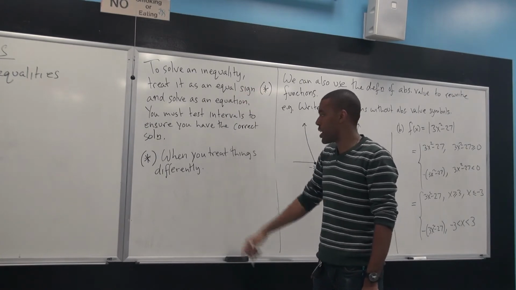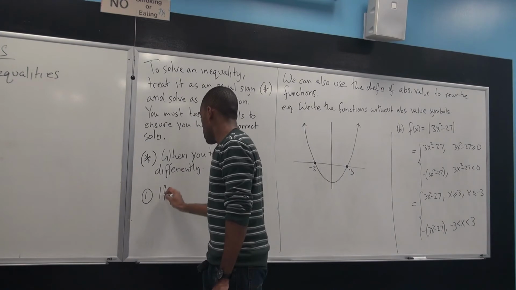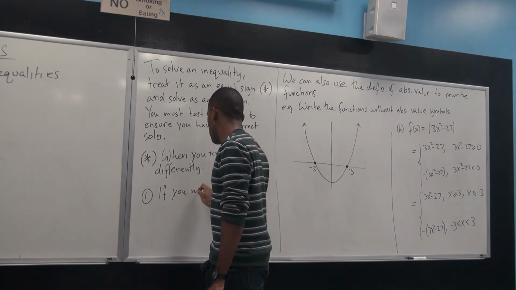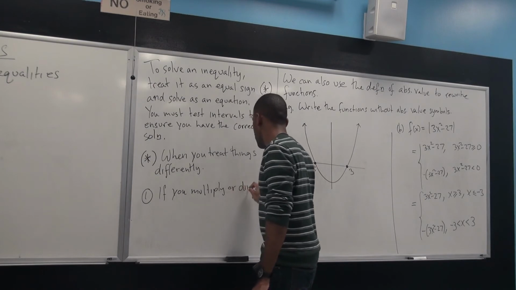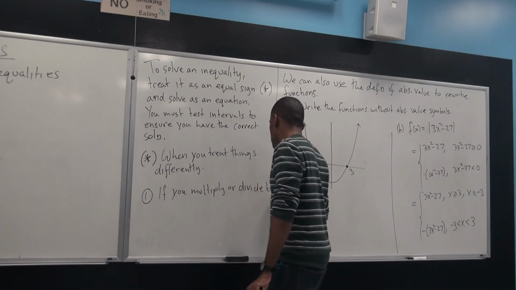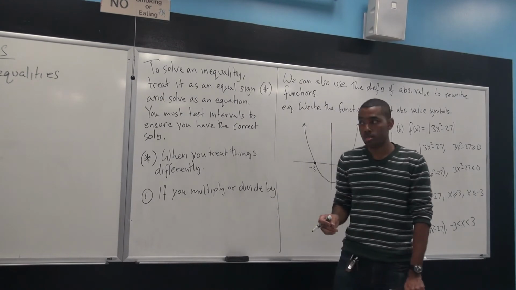There are two times when you can't, right? There's one case if you multiply or divide. There's something if you multiply or divide by, it will change things. Anyone knows? Negative numbers.